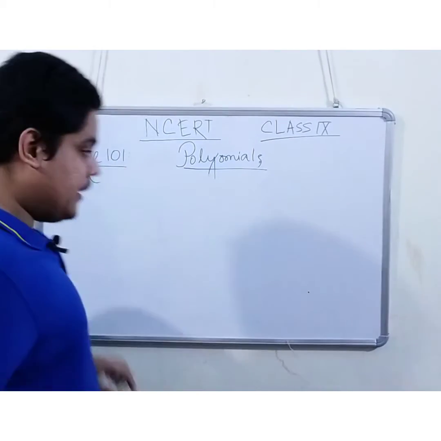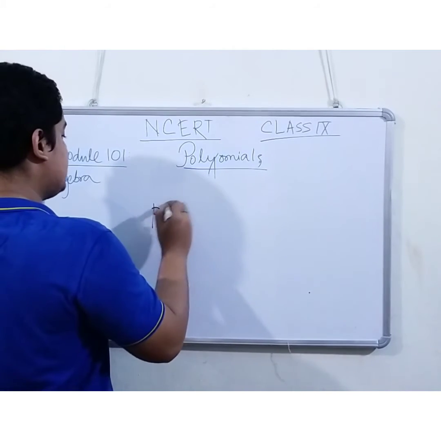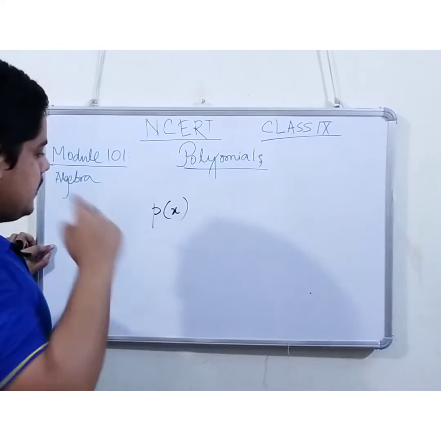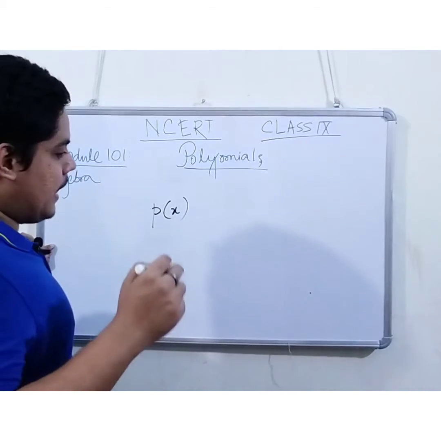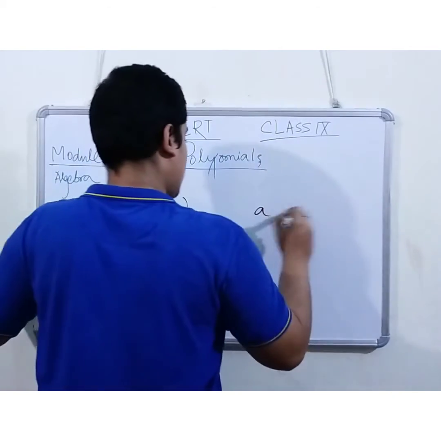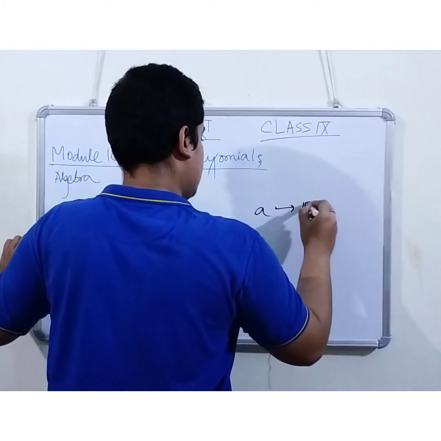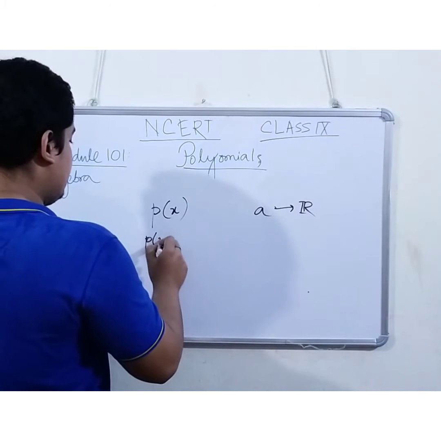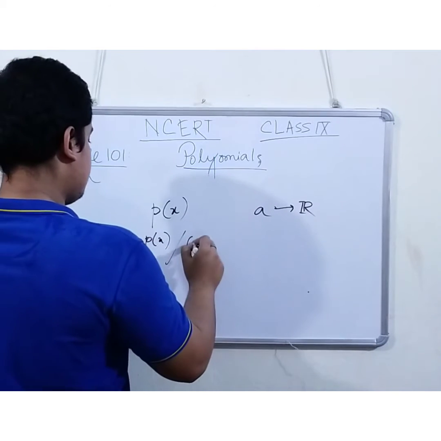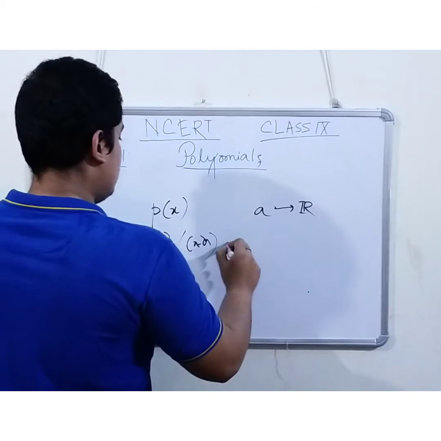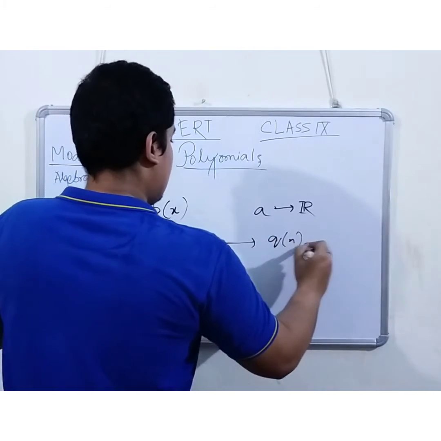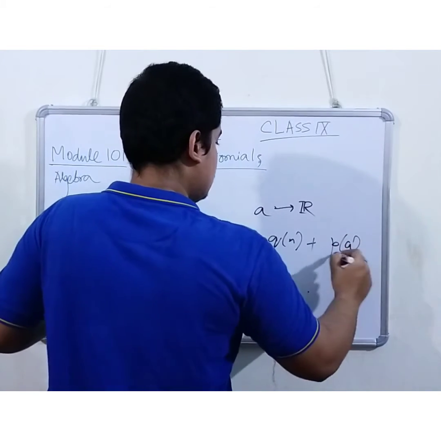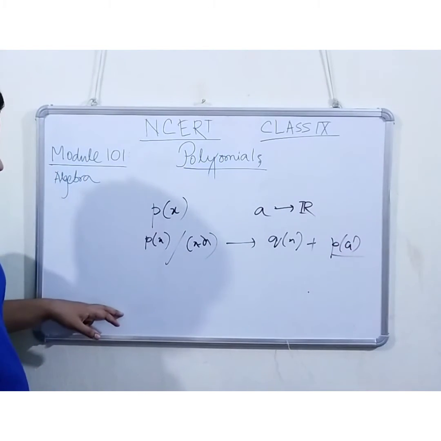Now what is said in the remainder theorem is that let p(x) be a polynomial having a degree greater than or equal to 1, and a be a real number. Now if p(x) is divided by x minus a, we will get a quotient definitely, and we will get a remainder, and that remainder will be p(a), a function of a.